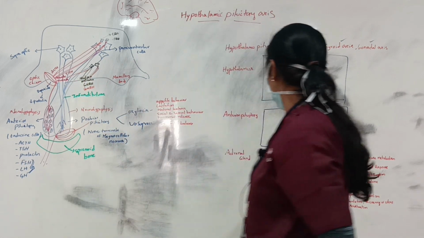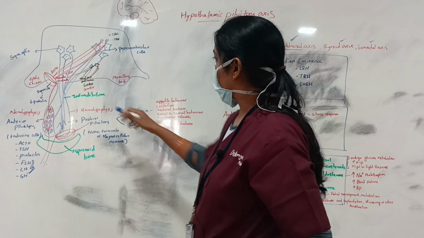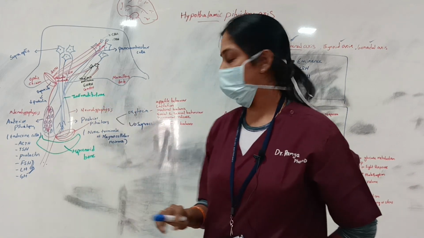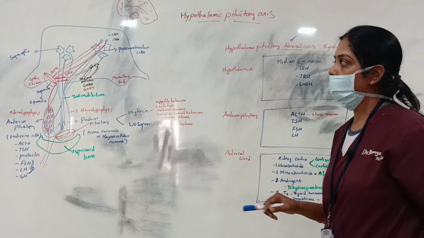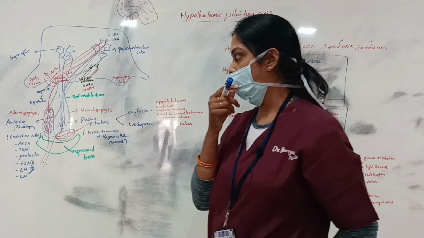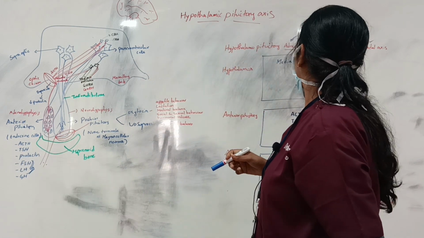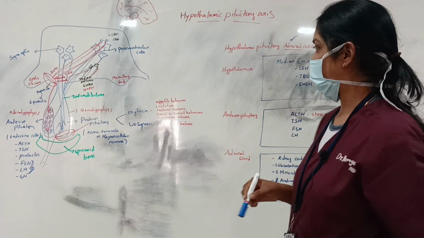So estrogen will have positive feedback on the release of gonadotropin releasing hormone, and progesterone will have negative feedback on the release of gonadotropin releasing hormone. Okay, and that's it. Any doubts?